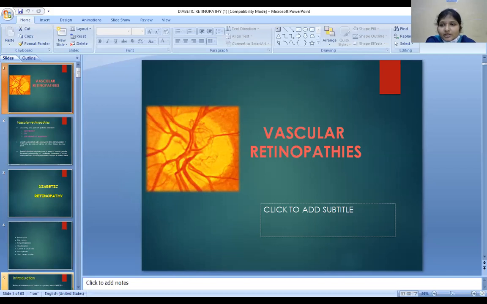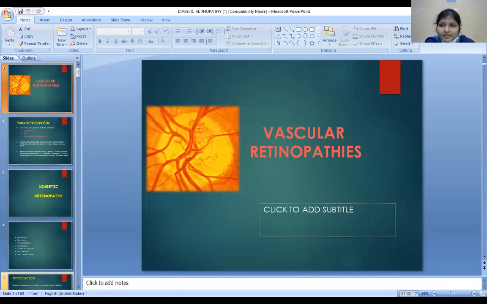Where do you see cherry red spot? In which conditions do you see cherry red spot? Central retinal artery occlusion. And other conditions?